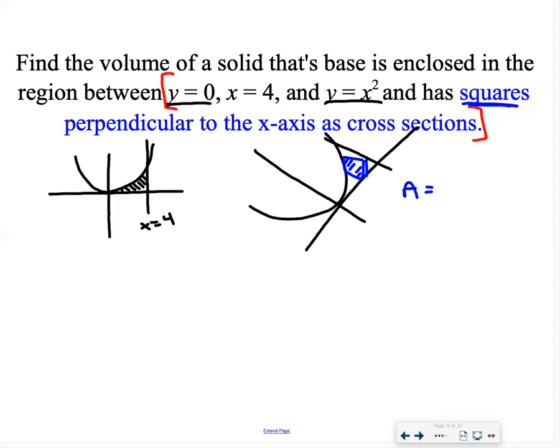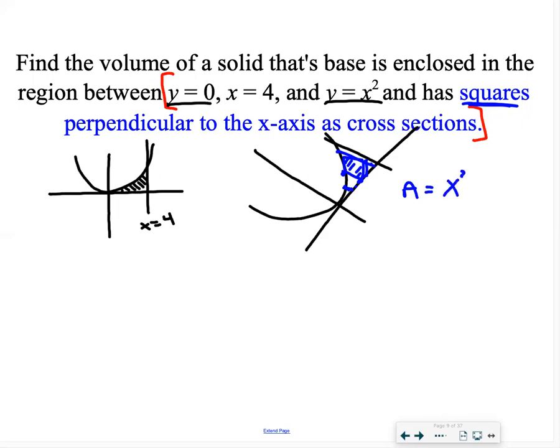The area of a square is just going to be the length of the base times the height, right? Well, the length of the base is going to be different. This square is going to be smaller than this square. So this base is going to change, but this distance right here is always going to be x squared. From here to here, here to here, here to here, that distance is always going to be x squared because we're on that graph.